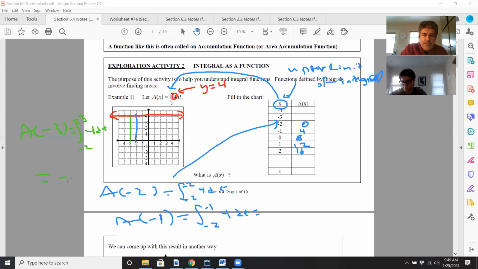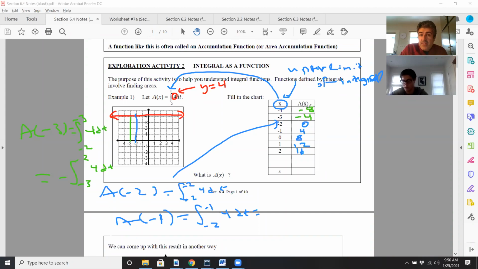Remember, it's going to be the reverse if I reverse those using our properties. And you typically want the lower limit to be less than the upper limit. So in that case, it's a negative area when you're going from right to left. We call that a negative area when you go from right to left instead of left to right. So this would be -4, and that'd be -8.